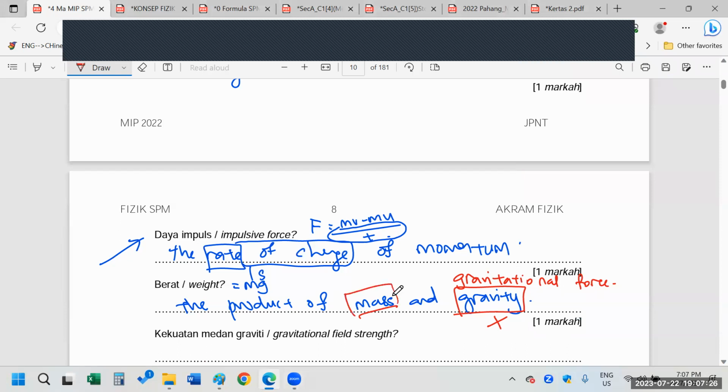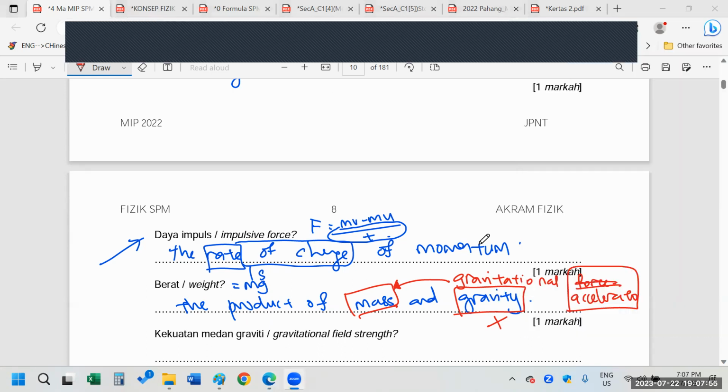Or you mention the mass and weight, the gravitational force, or gravitational acceleration. If you just say gravity, wrong, it's a primary school answer.